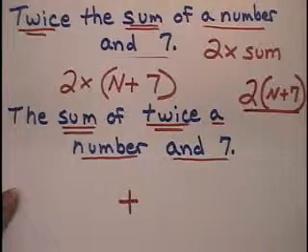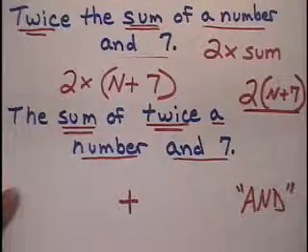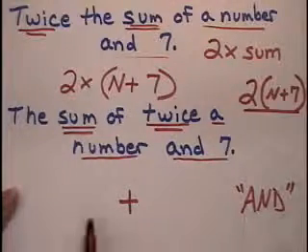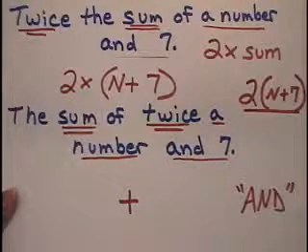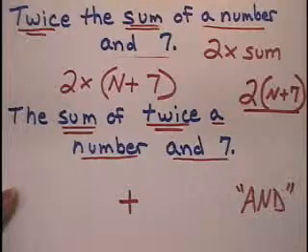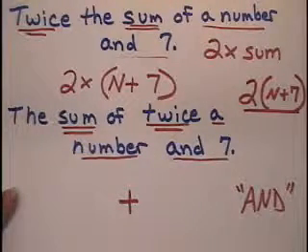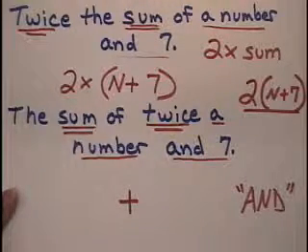One good trick when translating is to look for the word and. Something and something really shows us the 2 values that are going to go on the left and the right of my operation symbol. In this case, I'm talking about a sum. Sum means addition. So I'm looking for 2 things separated by the word and. Wherever I find the and is where I'm going to put that plus sign.